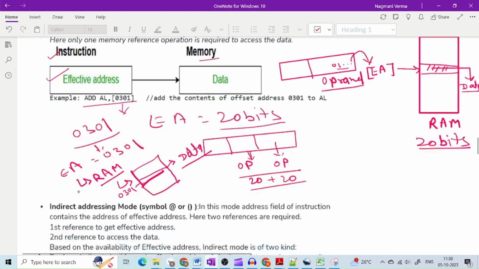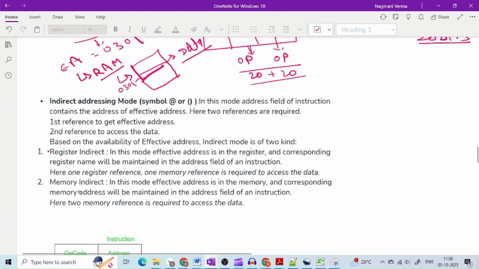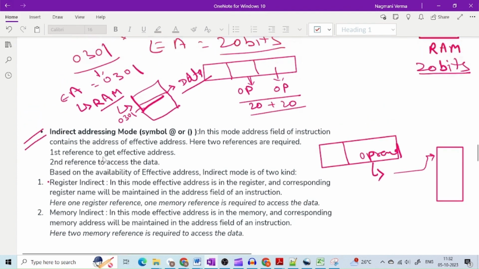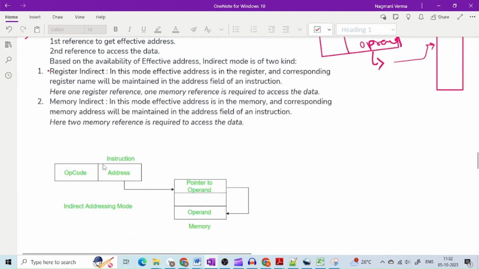Next, go to another addressing mode, that is the indirect addressing mode. In indirect addressing mode, in the instruction we will give one address, that is the address in the RAM from where we will find the effective address. So in direct addressing mode, this one is the effective address, but in indirect addressing mode, this is the address where the effective address is.